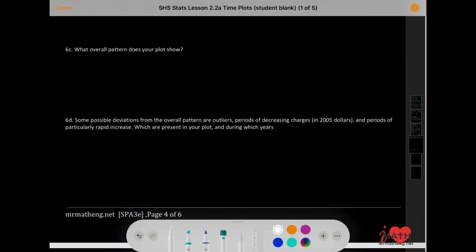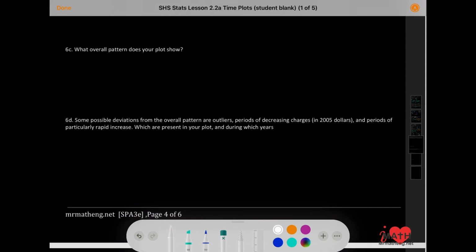All right, my computer screen has the graph we just created. So a couple of questions here to answer. What overall patterns do we see about tuition?